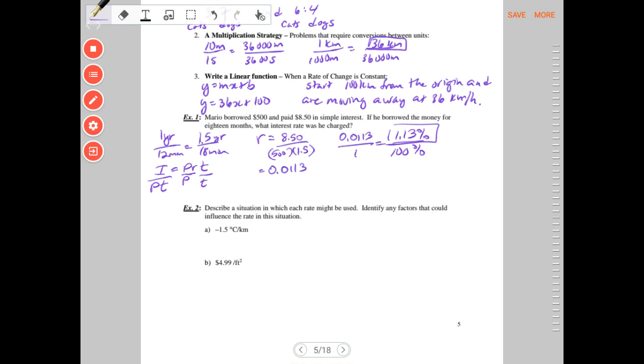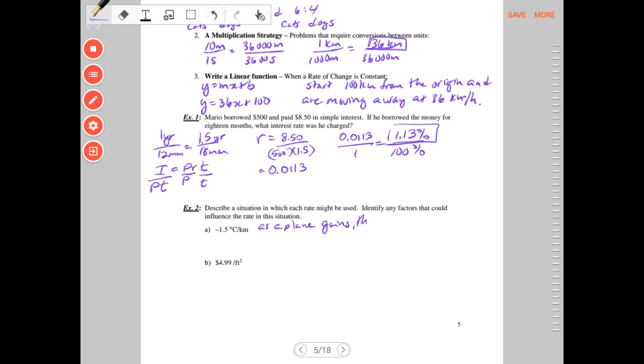All right, last page, on this page, example 2. Describe a situation in which each rate might be used. Identify any factors that could influence the rate in this situation. Okay, so for A, as a plane gains altitude, so it goes further up kilometer-wise, closer to space, of course it starts to get colder.